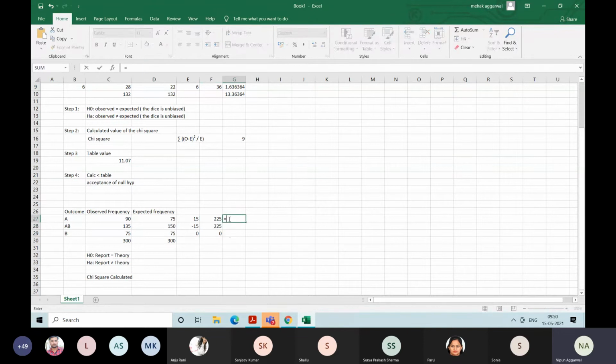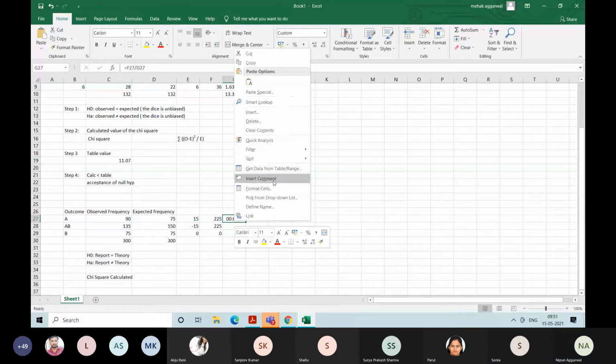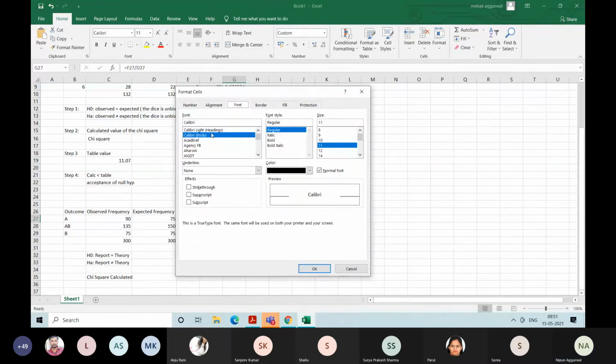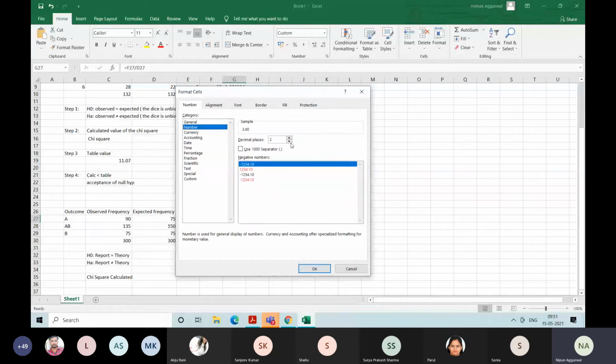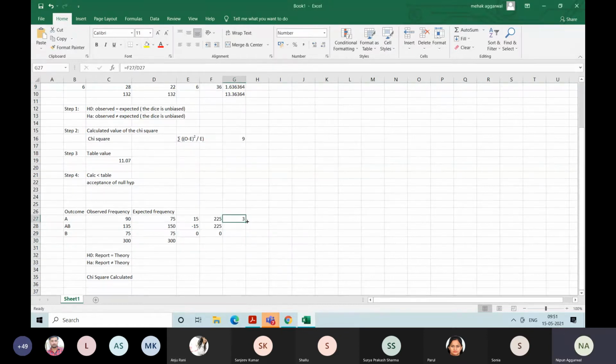And then you have to solve observed minus expected square divided by expected, and then the total sum.